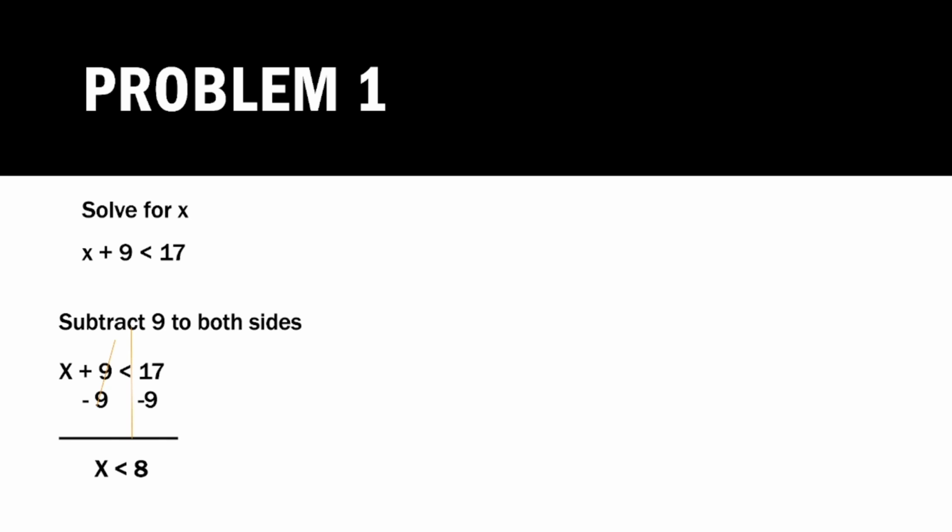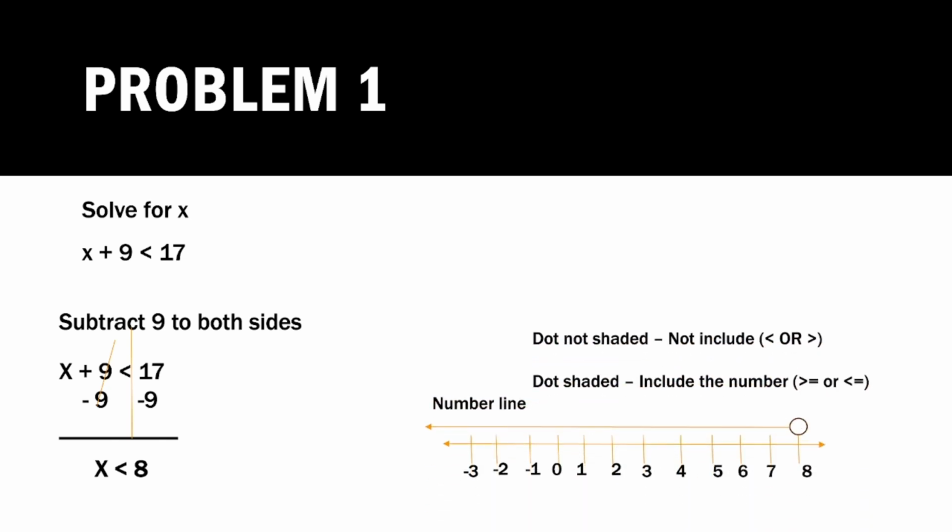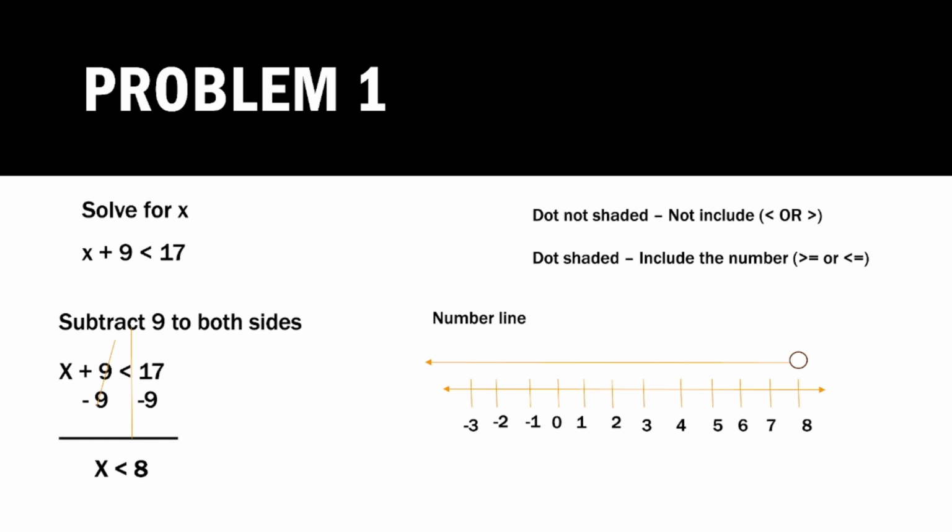Many of you might be wondering, what does this look like? What does this mean? A lot of teachers like to create a number line to illustrate what it means for x to be less than 8. It basically means any numbers that are not more than 8, just smaller than 8. Like 7, 6, 5, 4, all those numbers that I just listed out.